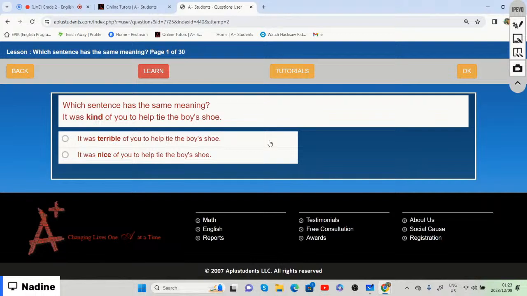So it was terrible of you to help tie the boy's shoes, or it was nice of you to help tie the boy's shoes. Option 1 or option 2.